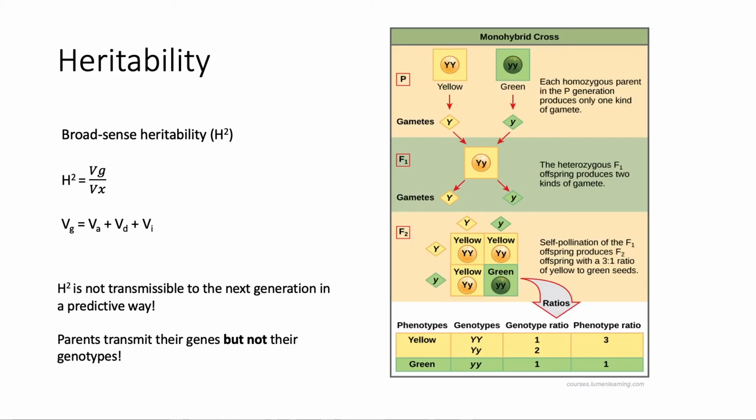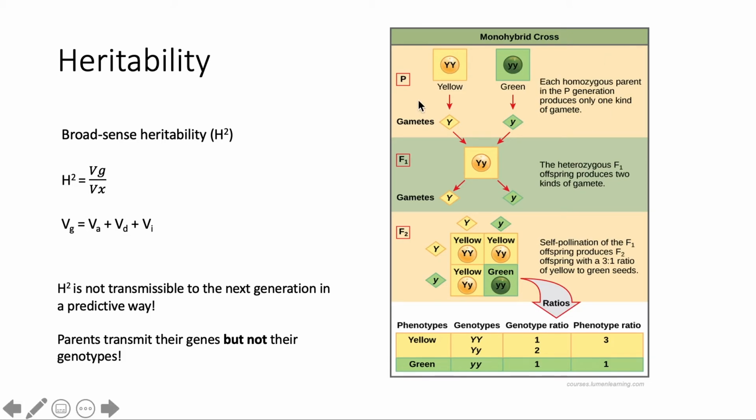Remember that in meiosis the parents have to produce gametes for the next generation, but they just produce haploid gametes. That means they transmit just one of the alleles that they have, and not the whole genotype. So what I mean is that they cannot transmit the dominance or the epistasis, because they just transmit one of the alleles that they have in the genome.